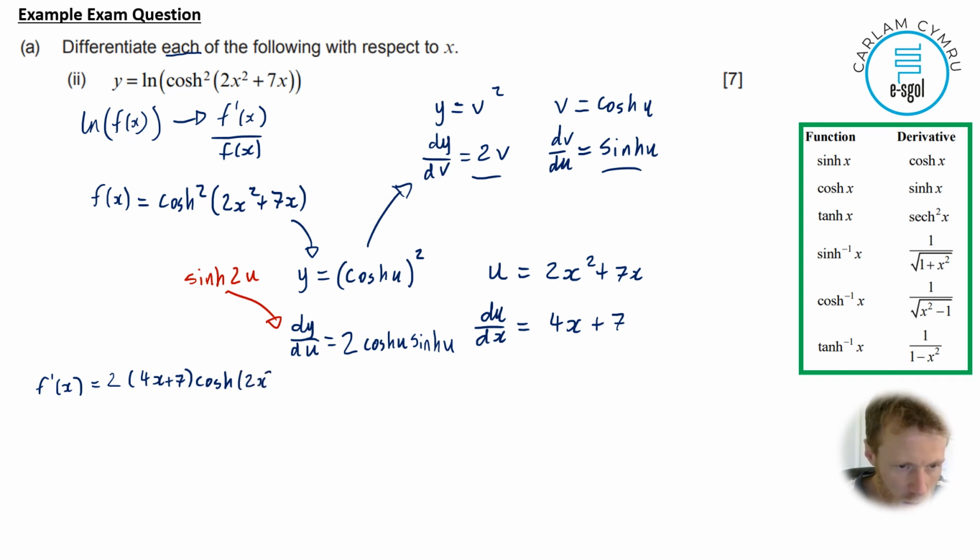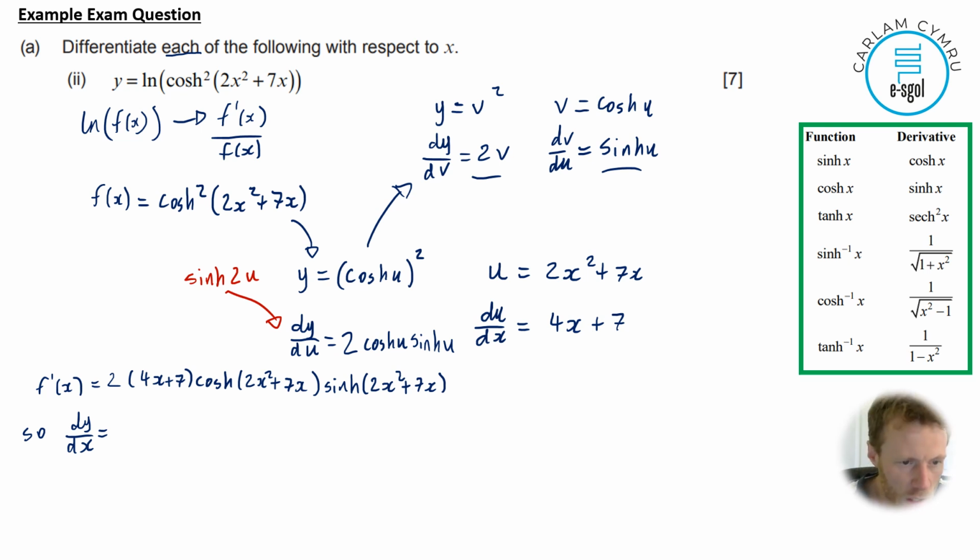And then the other bit, the sinh, also has a 2x squared plus 7x in it. Okay, so that's what the derivative is. And then we just write the derivative over the original function. So dy over dx equals the whole thing that I've just written.